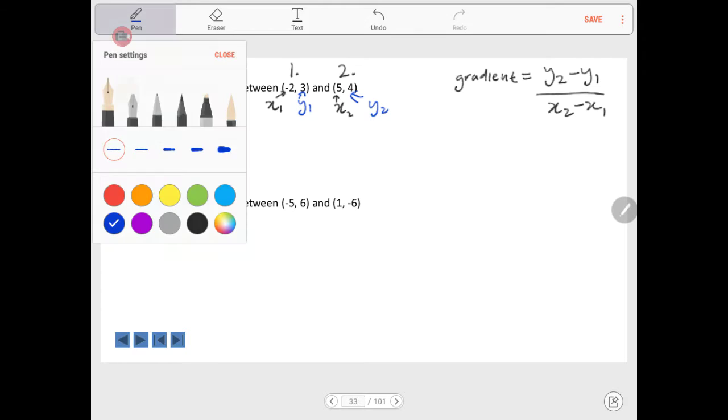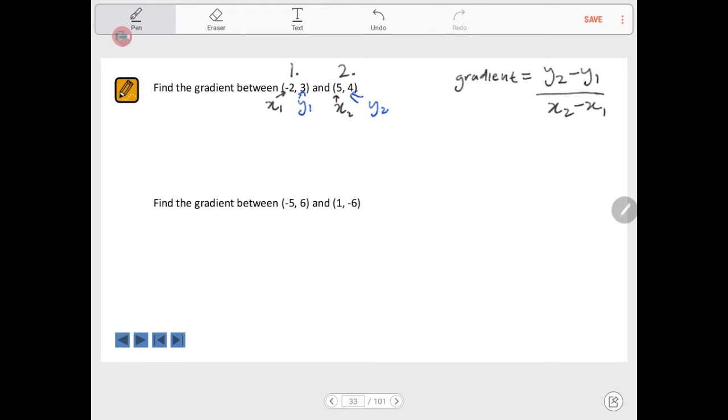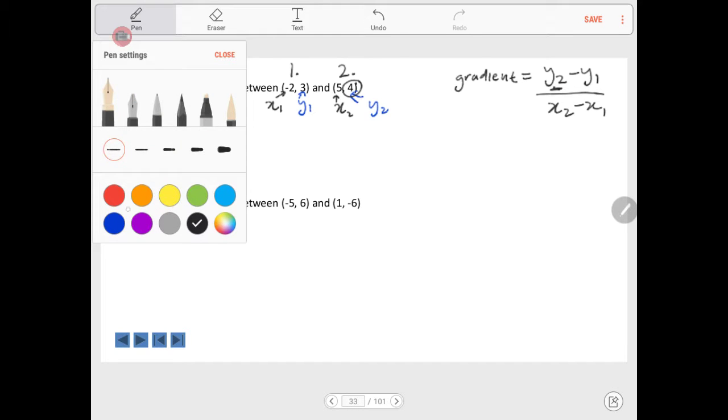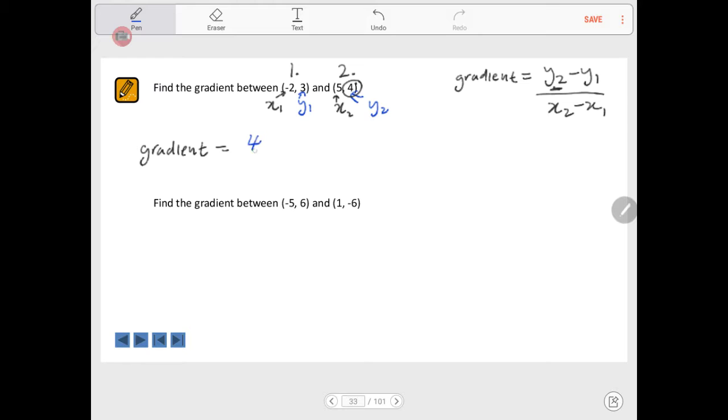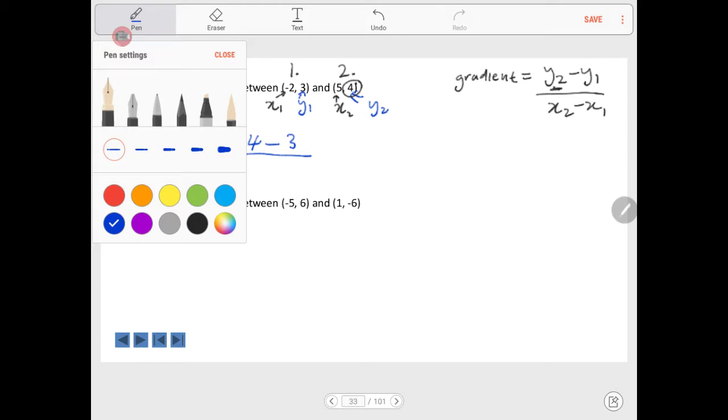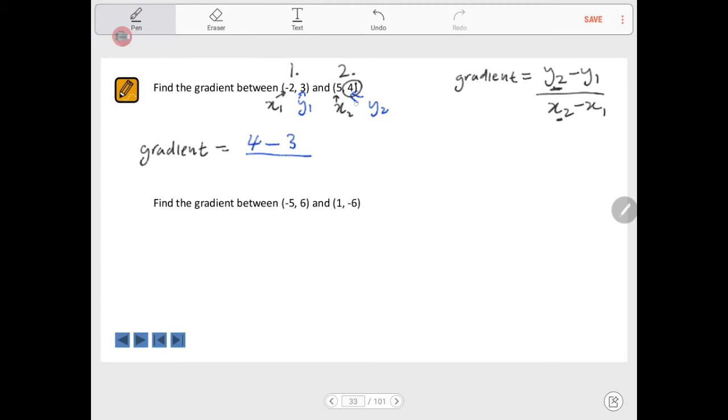So when we calculate our gradient, we take y2 first, so 4 take y1, which is 3, divided by x2, which is 5, take x1, which is negative 2.